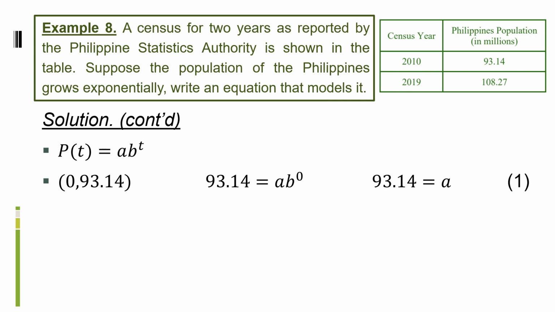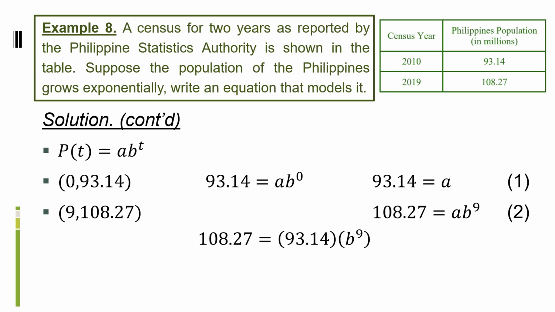Using the first point, we have 93.14 is equal to a times b raised to 0, or a now is equal to 93.14. That is our first equation. For the second equation, we will use 9, 108.27, so we have 108.27 is equal to a times b raised to 9.